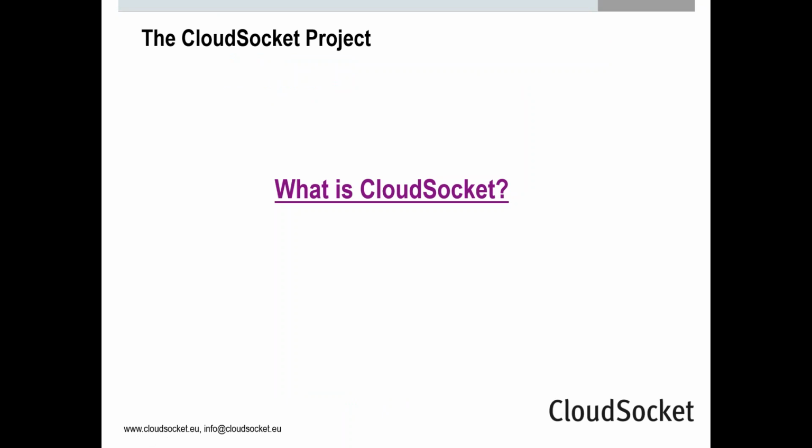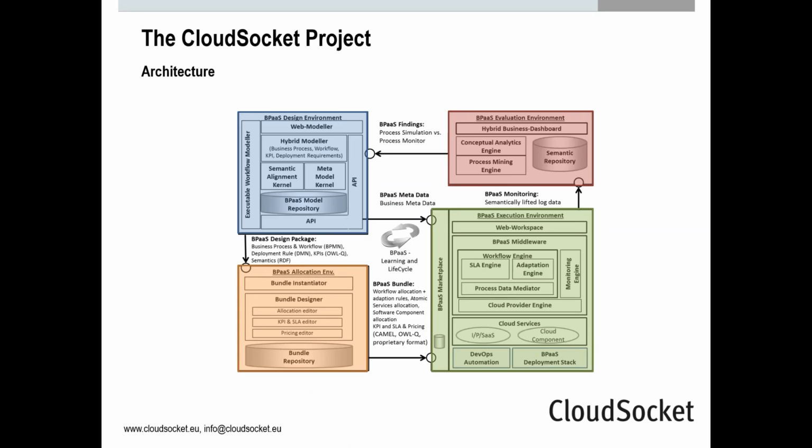So coming back to the CloudSocket project, to the more technical view on the project, let's have a look at the architecture. Here you can see that CloudSocket comprises 4 environments: the BPaaS design environment, the BPaaS allocation environment, the BPaaS execution environment, and the BPaaS evaluation environment.